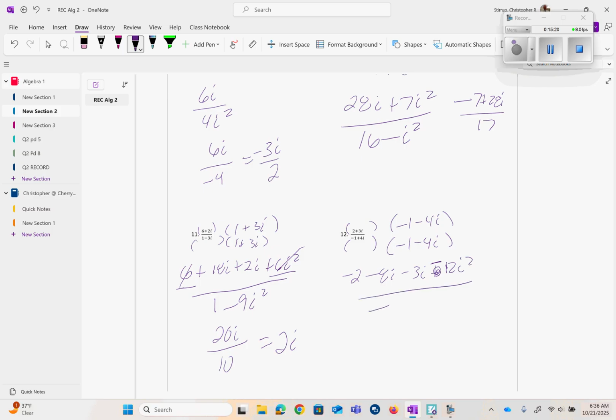On bottom, I'm going to get negative 1, or positive 1 minus 16i squared. So on top, this will be positive 12 minus 2 is 10 minus 11i over 16i squared. So that's going to give me 17 on bottom. And there we go.